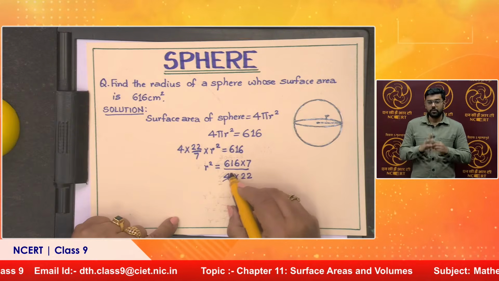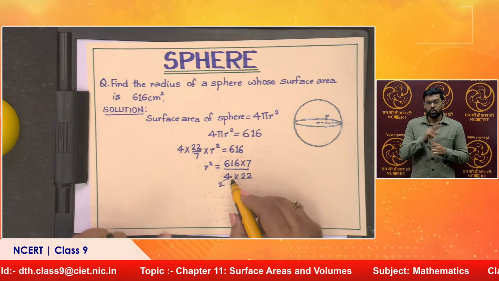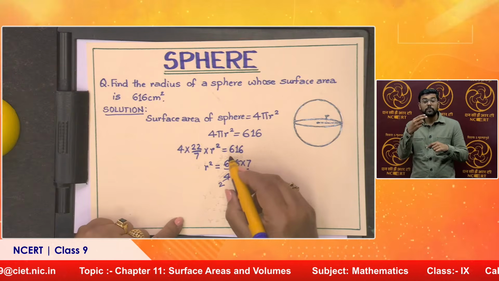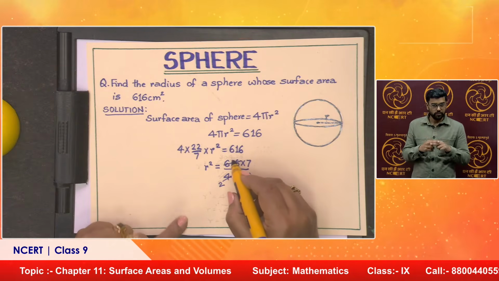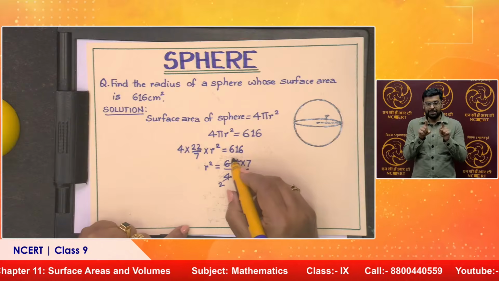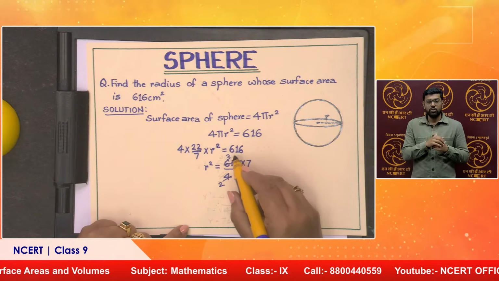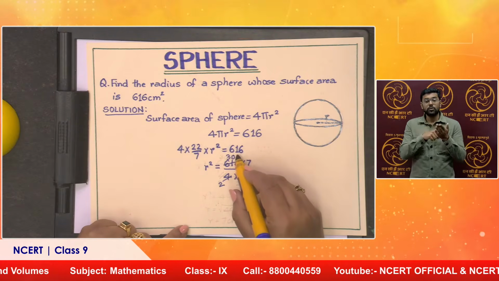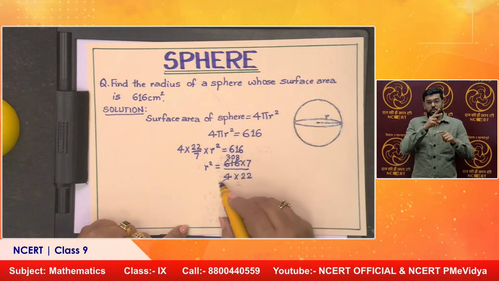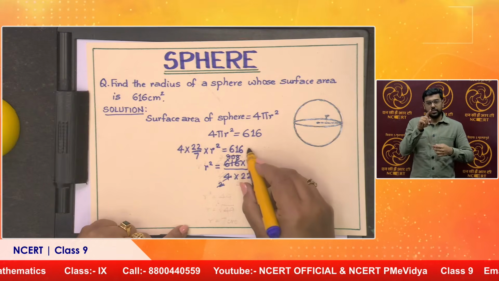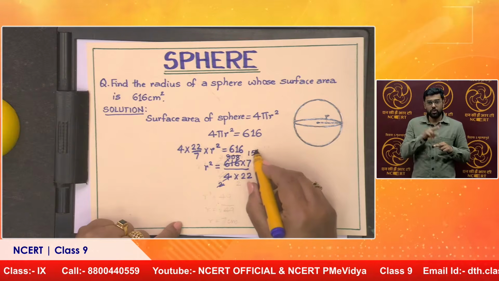Now, children, 2 2s are 4. So, if I take 2 as a common factor and divide 616, 2 3s are 6, 1 will not go 0, and 2 8s are 16. Again with 2, if I do, 2 1s are, 2 5s are, and 4s are.